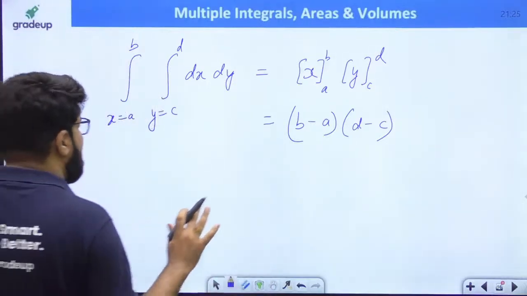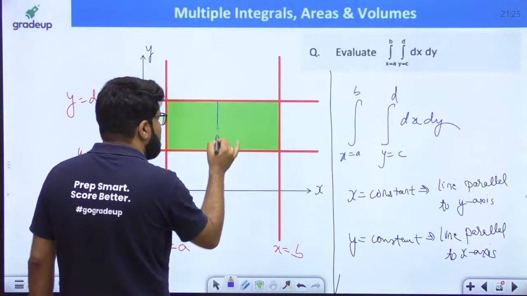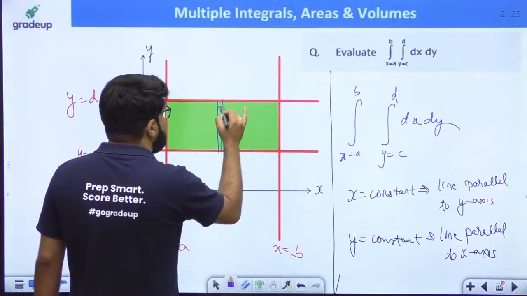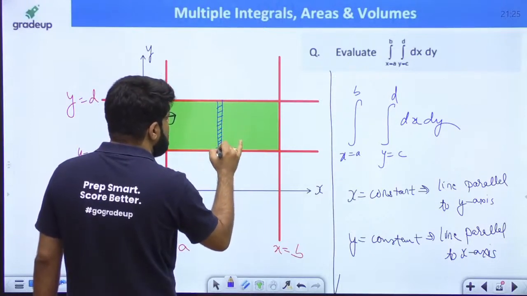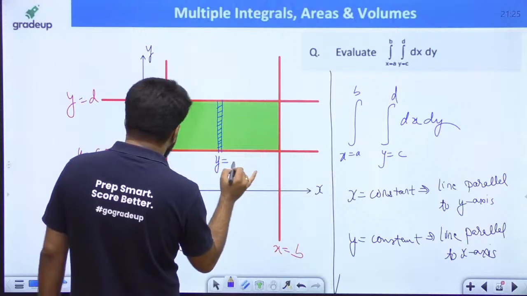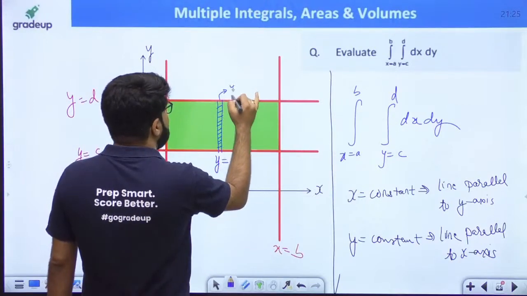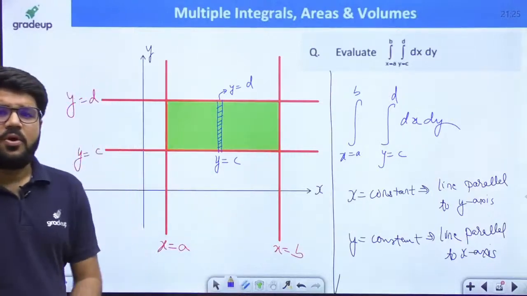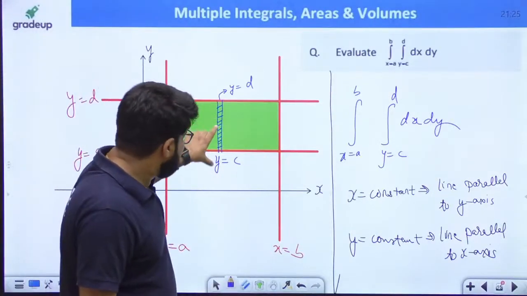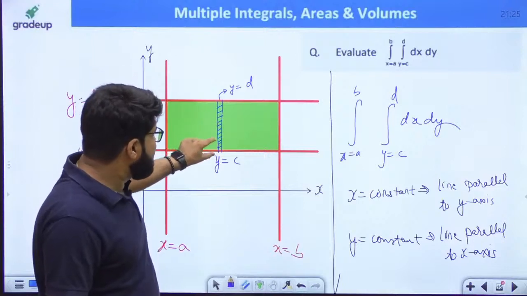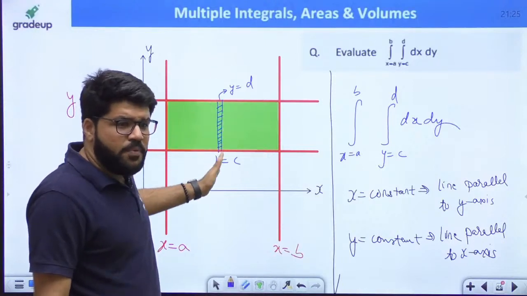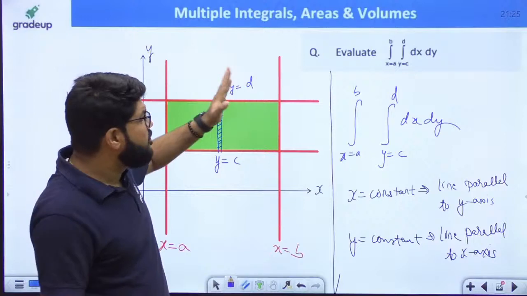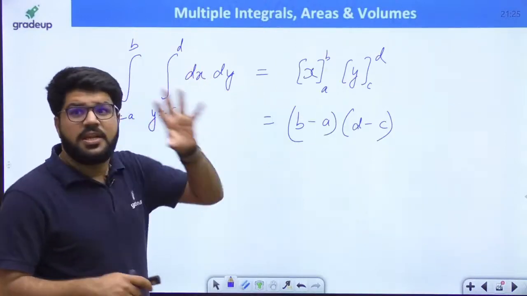If you analyze with a strip, take the vertical strip here, from y equal to c at the bottom to y equal to d at the top, and slide this vertical strip. You are integrating all the values of y, because there is no other function.